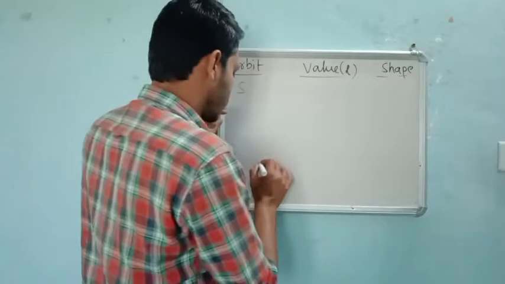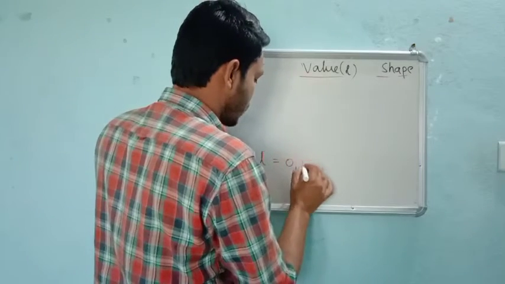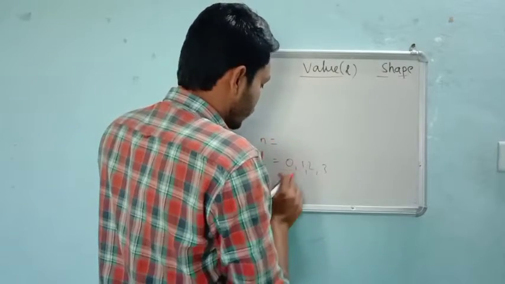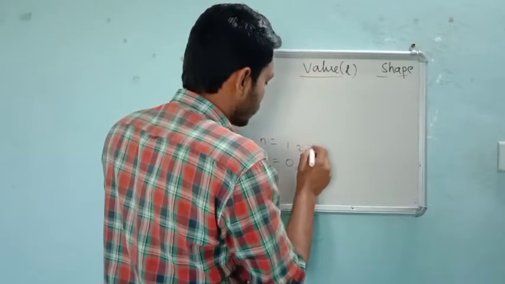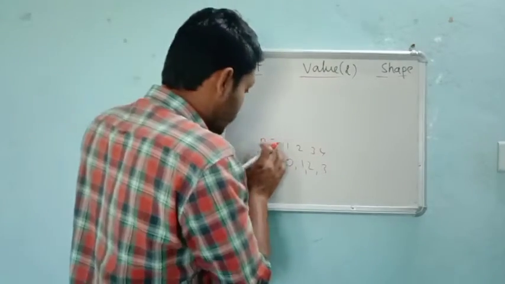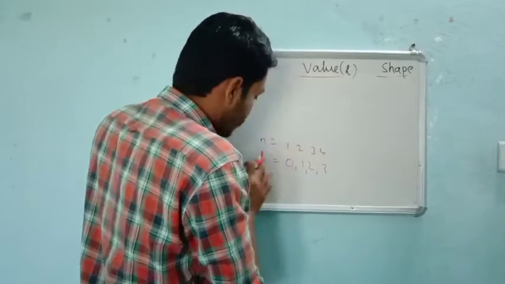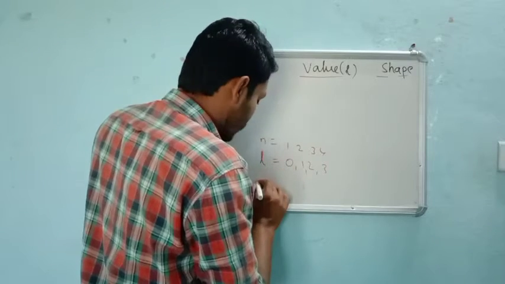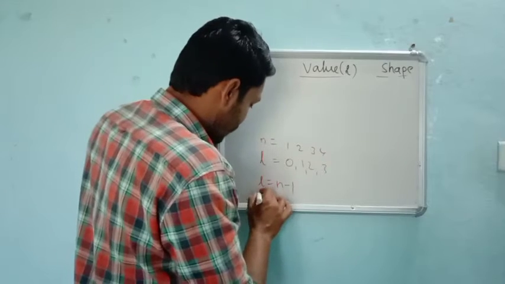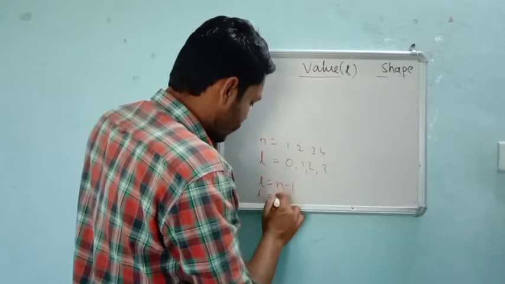Just now I have shown you 0, 1, 2, 3, compare it with the n values 1, 2, 3, 4. So wherever n is equal to 1, l is equal to 0. Why? Because l is equal to n minus 1. Compare now, if the n value is 1, then 1 minus 1.